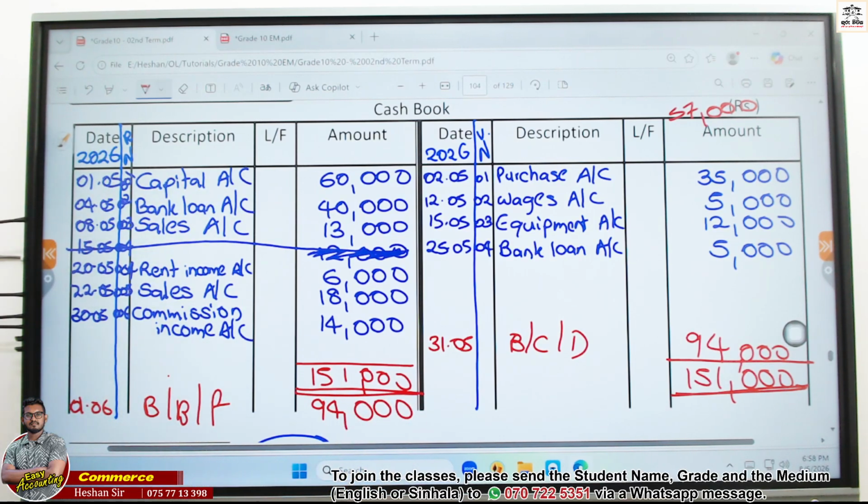This is the cash book. You know, BCD, BBF. Make sure you write them. Don't do anything else.